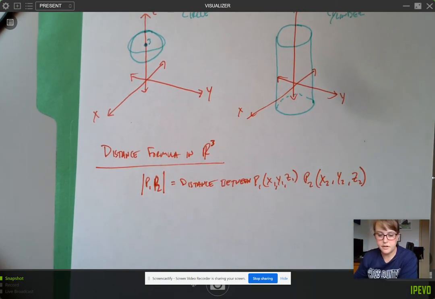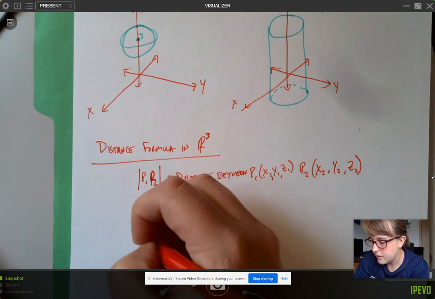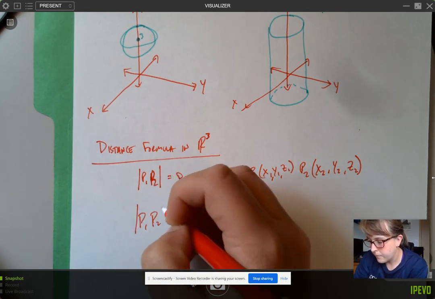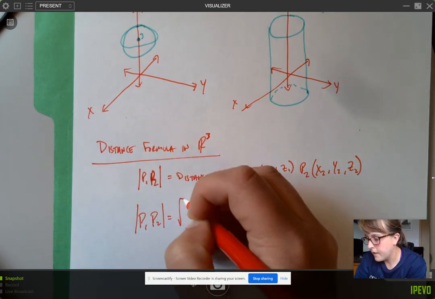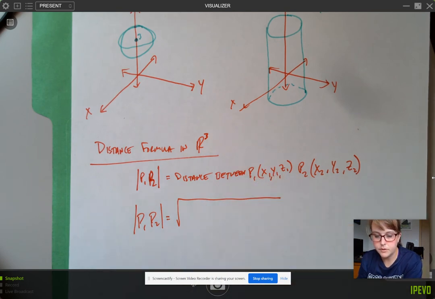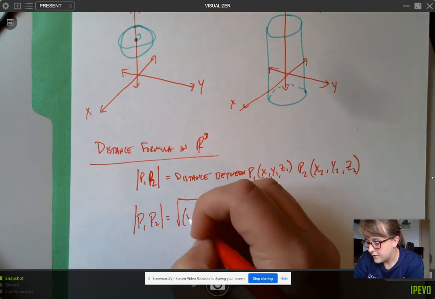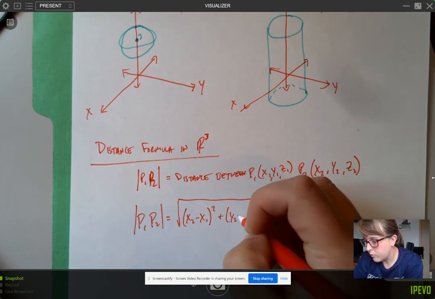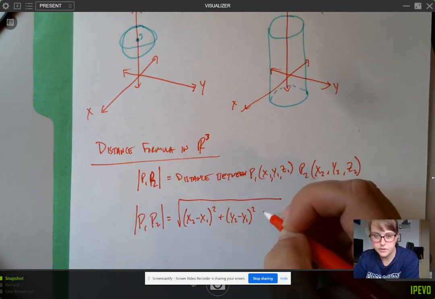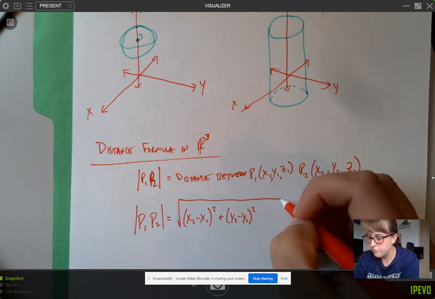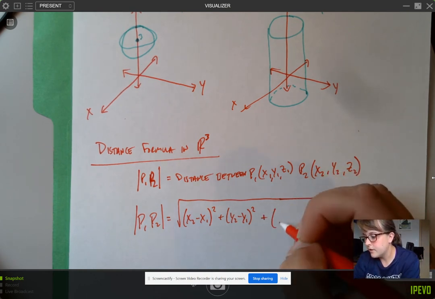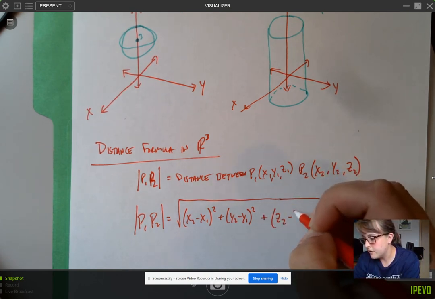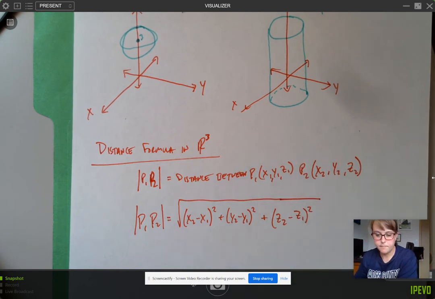So the distance is going to be represented by the formula, this big square root of (x2 minus x1) squared plus (y2 minus y1) squared, which is just the two-dimensional distance formula, and then plus (z2 minus z1) squared.